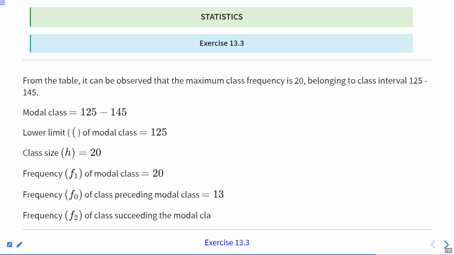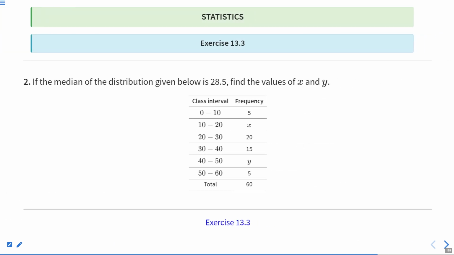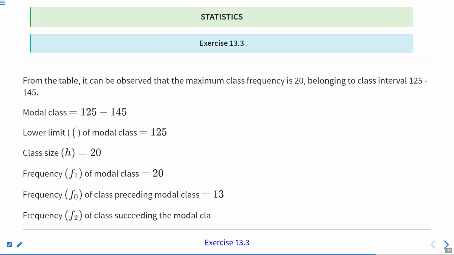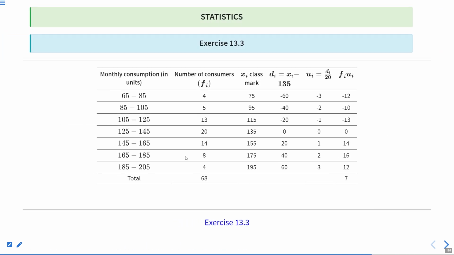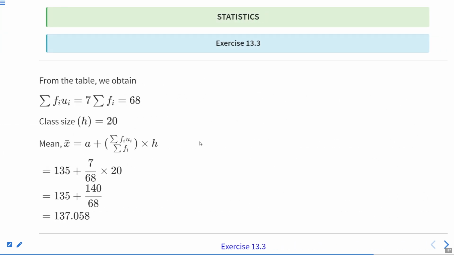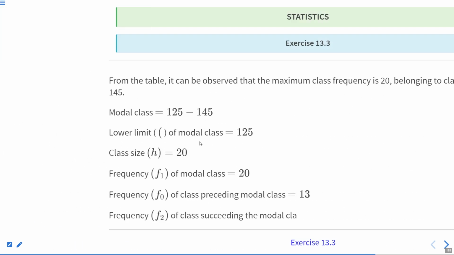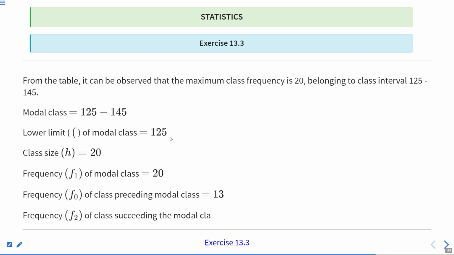and frequency f0 of the class preceding the modal class is equal to 13, and frequency f2 of the class succeeding the modal class, you will get from this table. Okay, so this is equal to 14. So now you can use the formula for finding the mode.